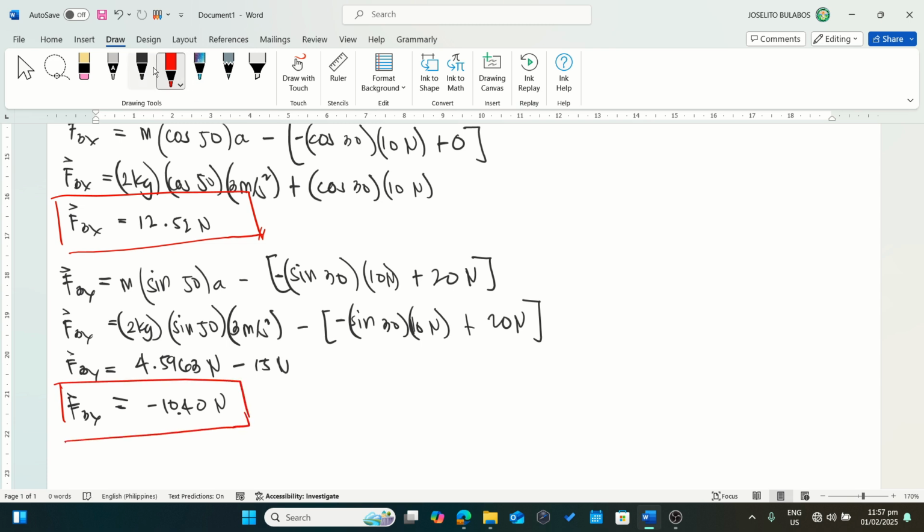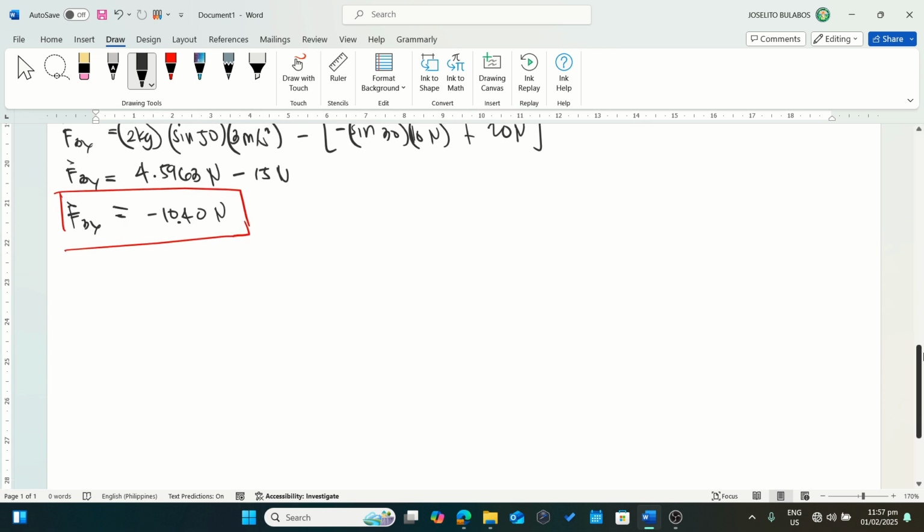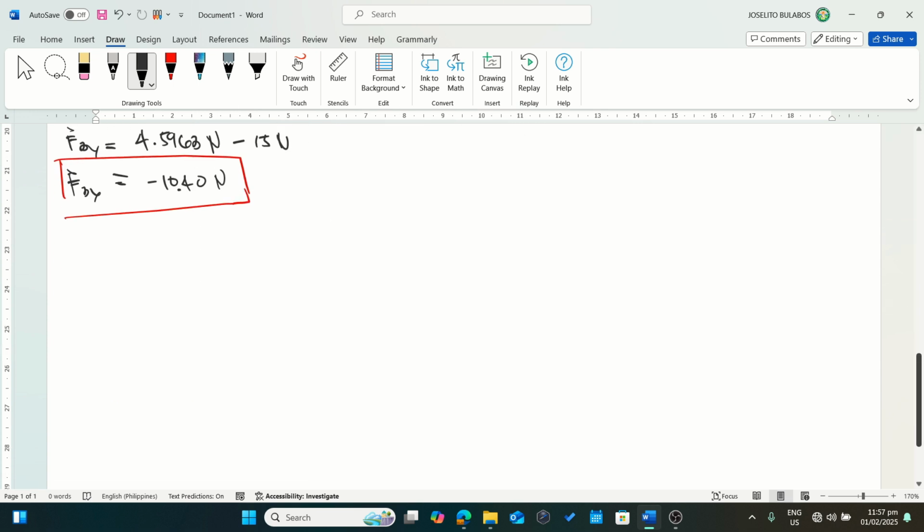So we're not yet done. We have to actually solve for the value of our F3. So our F3 now must be the square root of F3x squared plus F3y squared.